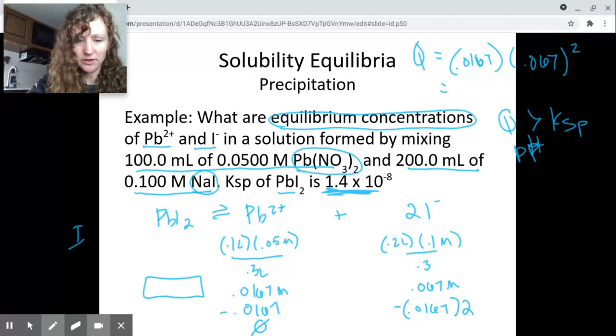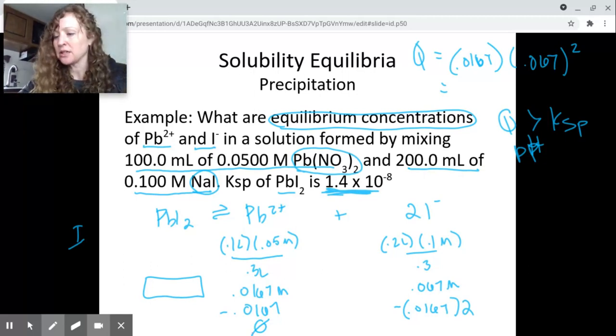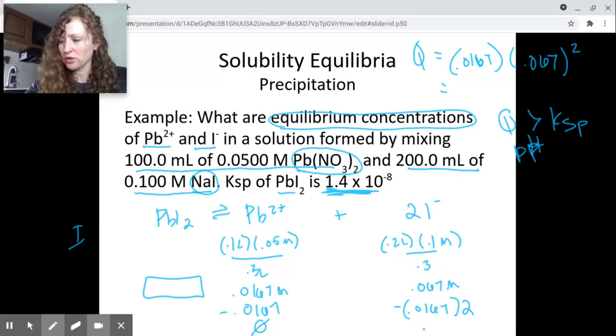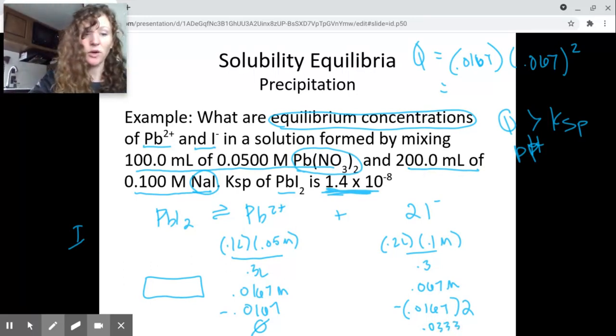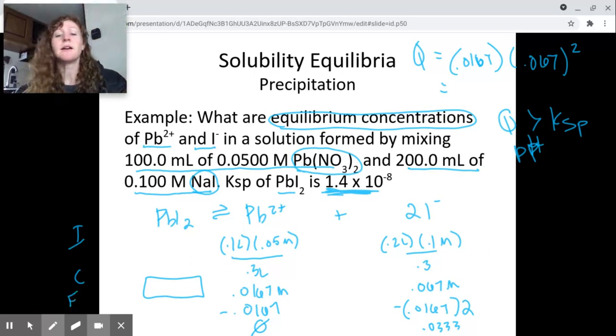Here we have 0 left, and here I'm going to have 0.033 repeating left. Okay, so if I went to completion and I just precipitated everything out that I possibly could, then I would have some iodide left over and no lead.